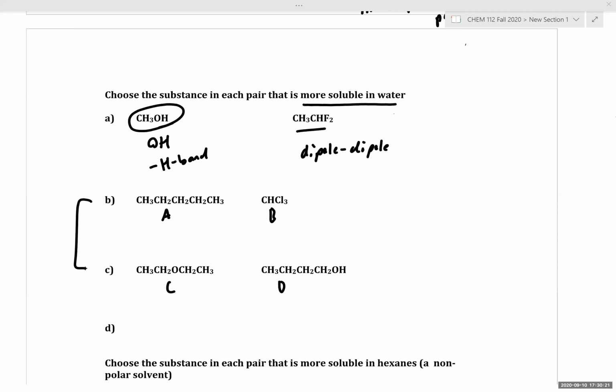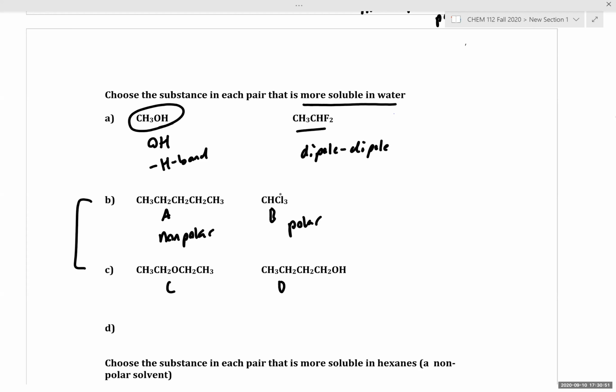Okay, so let's look at these two molecules. So in the first case, we have a non-polar molecule compared to a polar molecule, chloroform. So which of these two solvents would have more favorable interactions with water, which is mainly a polar hydrogen bonding molecule?